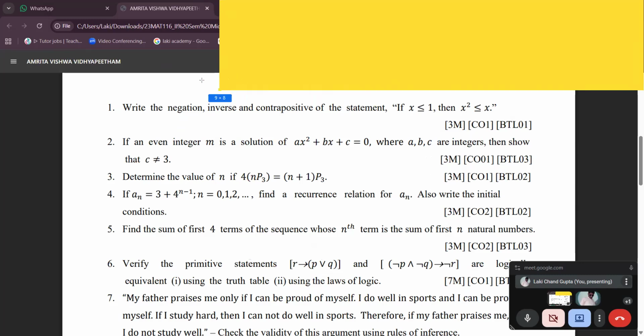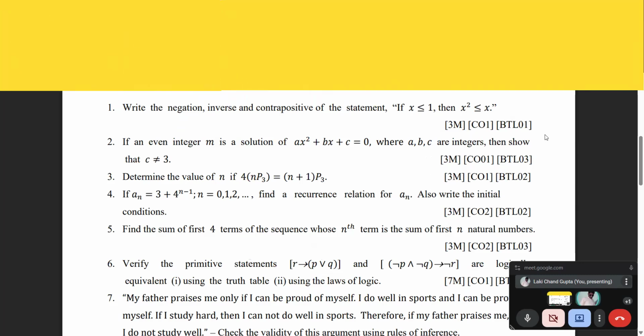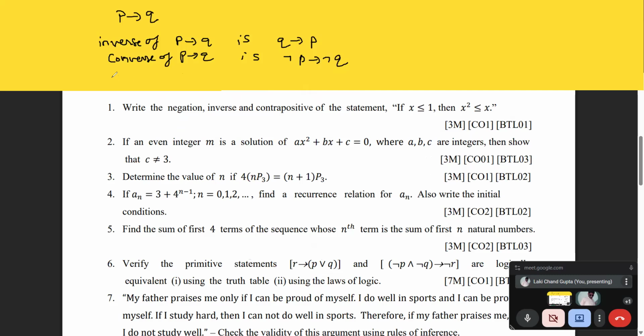Inverse of P implies Q. Converse of P implies Q is Q implies P. Inverse is not P implies not Q.